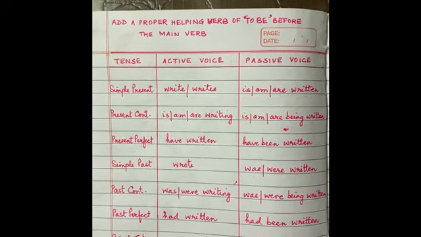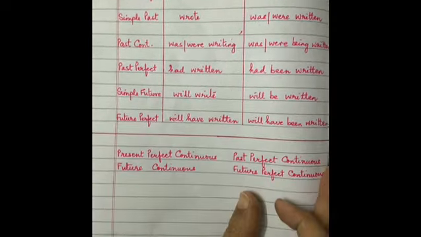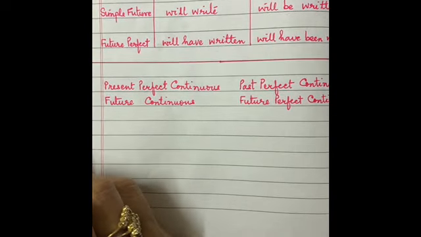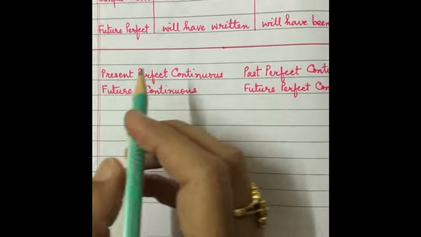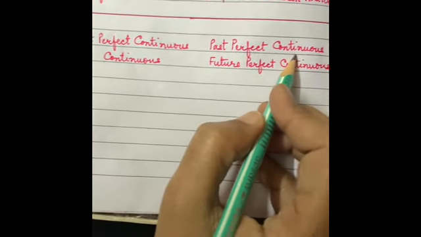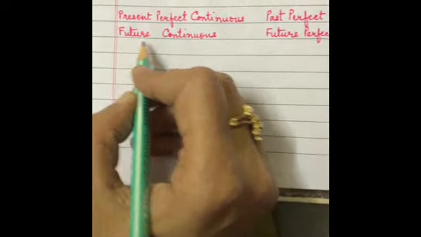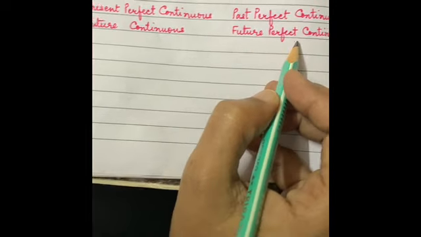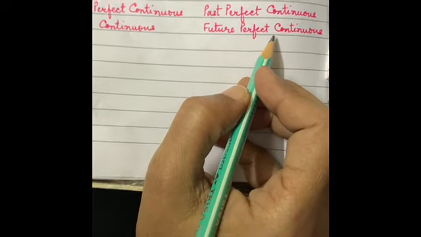Now you must have noticed that we have not used the 4 remaining tenses, which are present perfect continuous tense, past perfect continuous tense, future continuous tense and future perfect continuous tense.